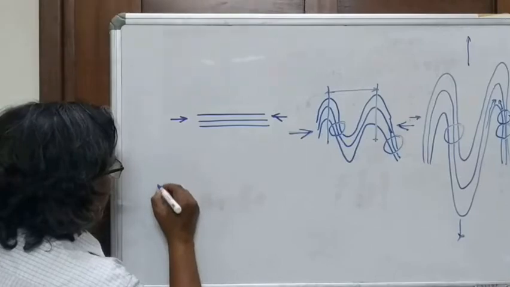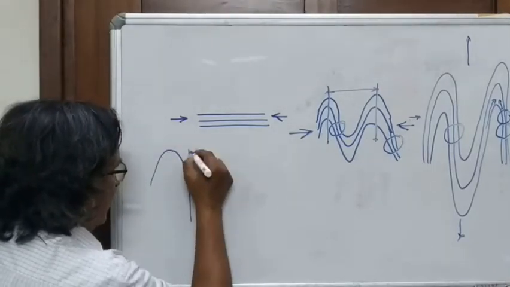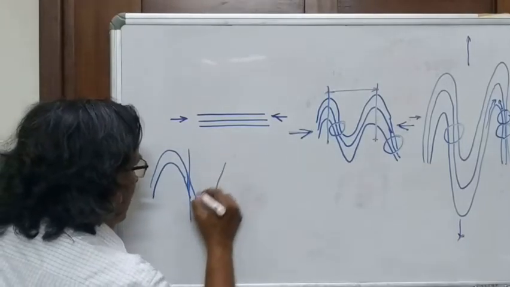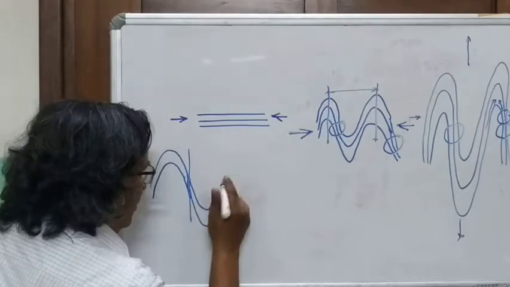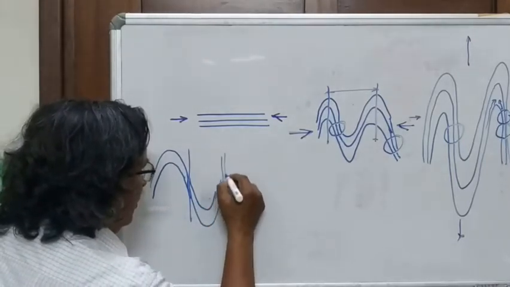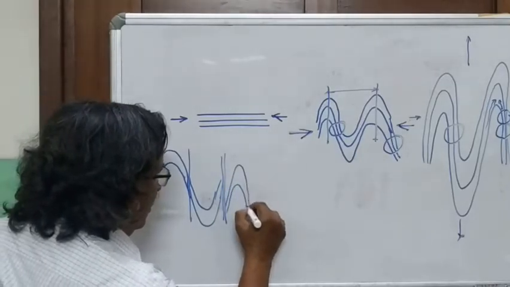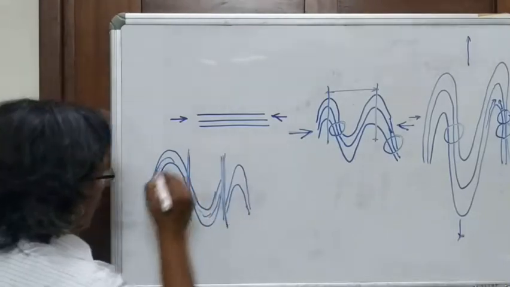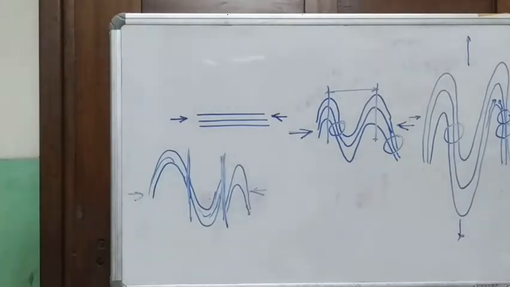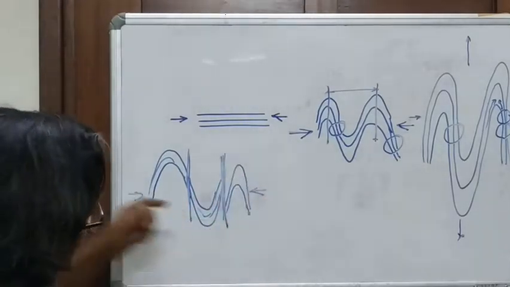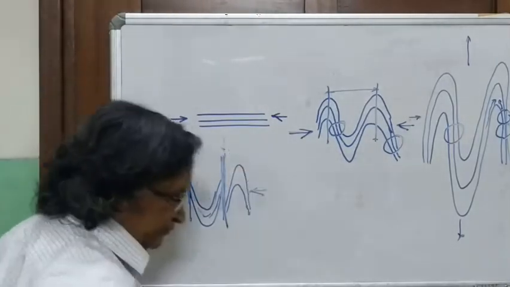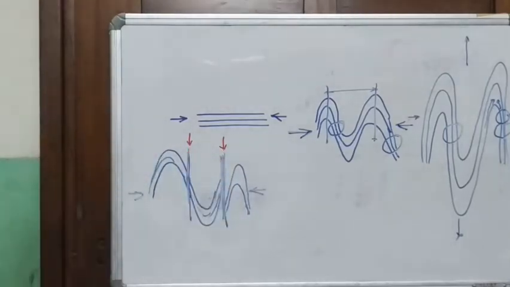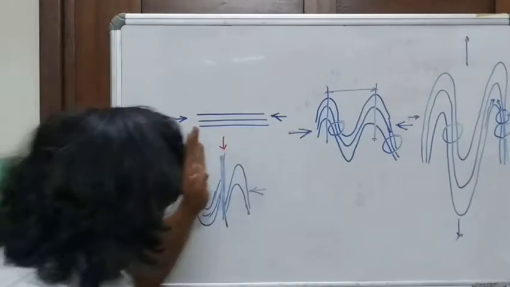This is what happens: perpendicular to the shortening direction, a new foliation develops, or a new cleavage develops.